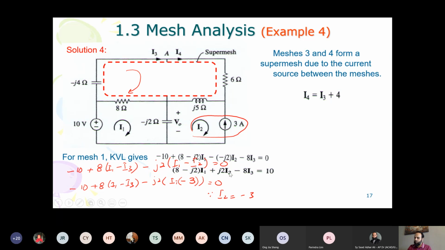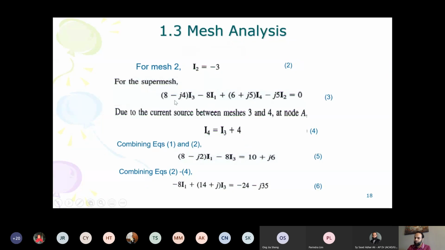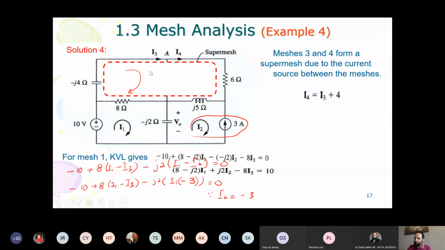So right now we have I1, I2, I3 as the unknowns, but I2 can be replaced with minus 3. So we have simplified, and we just have I1 and I3 as unknowns, or maybe I4 later on. We can replace I2 with minus 3. We didn't write the equation of the super mesh. Yes, we have to write the equation for the super mesh as well. So let's start from here.